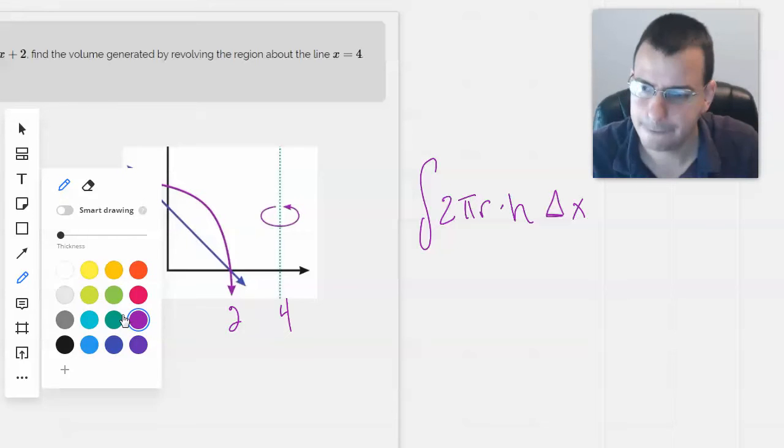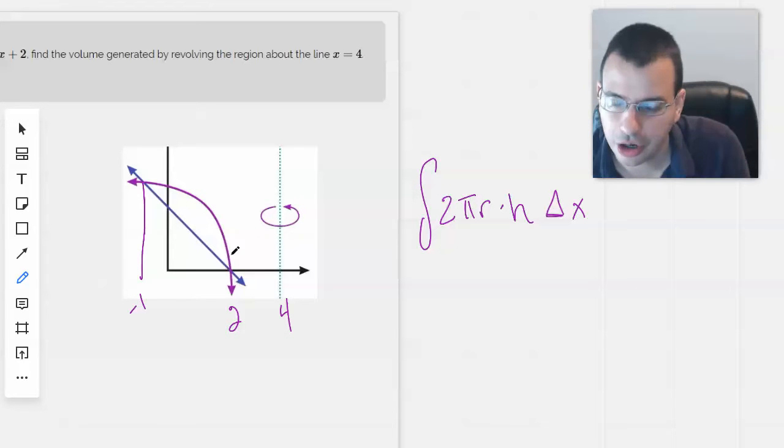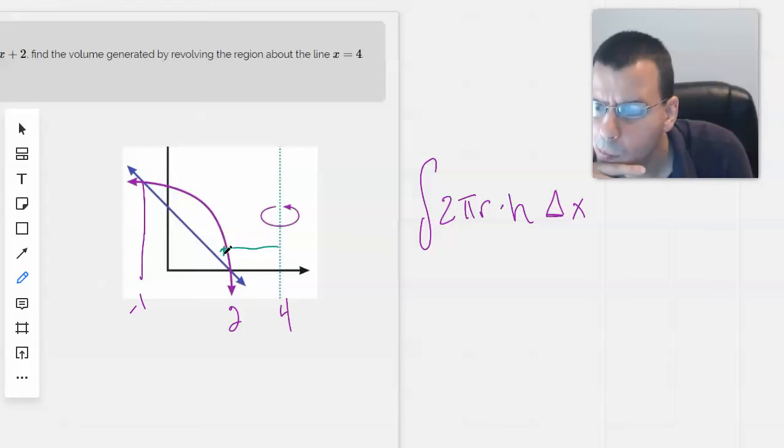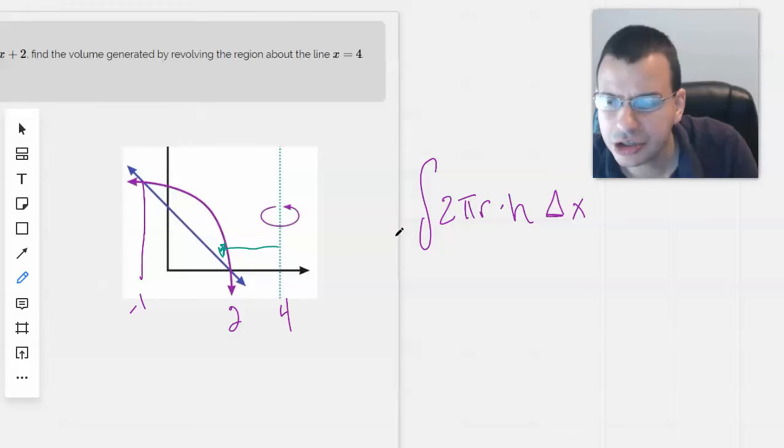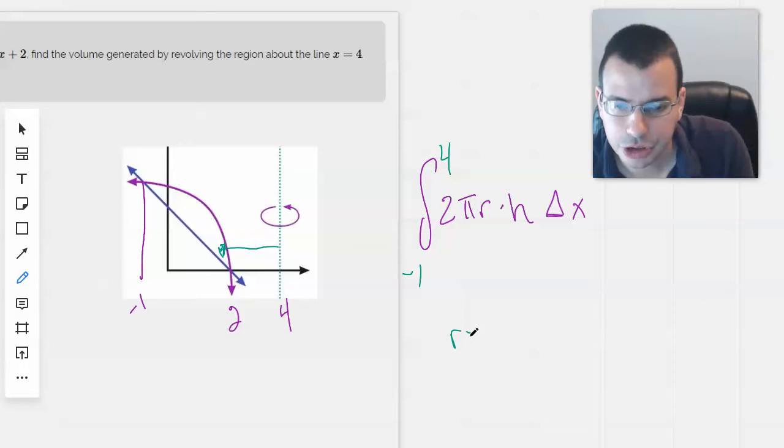Horizontal. Okay. So look at what r is. So r will be from 4 to x. So x is going to go from negative 1 to 4. So r will be from whatever value x is.